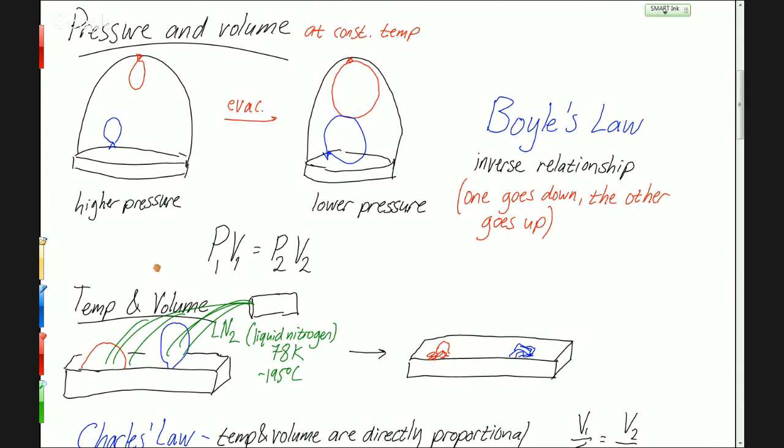We can explain why Boyle's law happens looking at the kinetic molecular theory by saying that if volume increases, and the particles are still moving the same speed, the same temperature, then there's more space in the room and the particles are going to hit the wall less often.